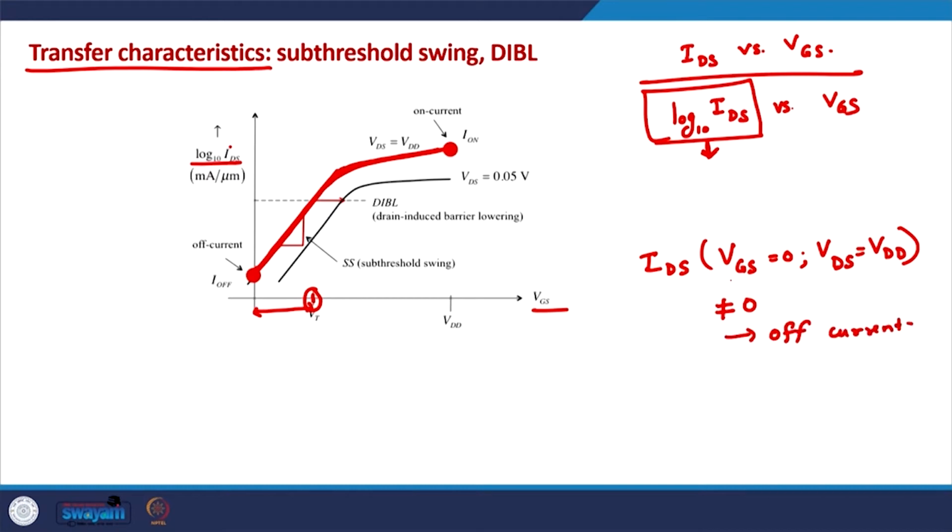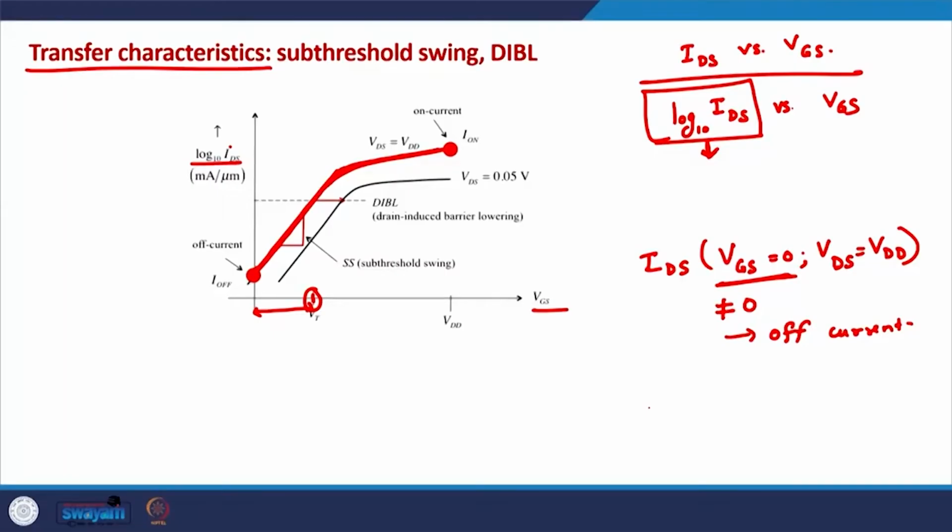When VGS is 0, when the gate voltage is 0, we expect that the device should be off, because there should not be any channel. We presume that there is no channel if VGS is below the threshold voltage. But if we have a decent amount of drain voltage applied, there will be a finite current, because there is a non-zero probability of electrons crossing from the source side to the drain side, and similarly from the drain side to the source side.